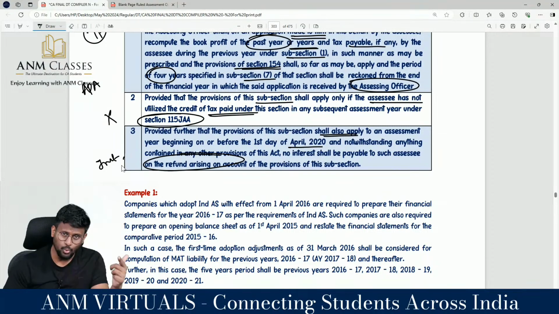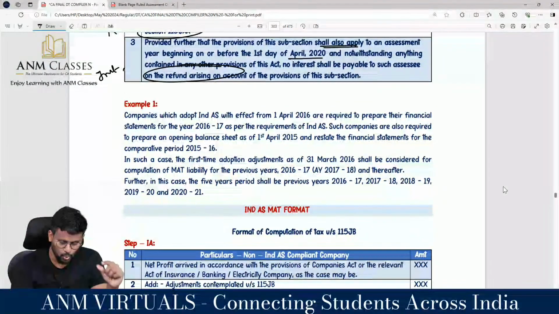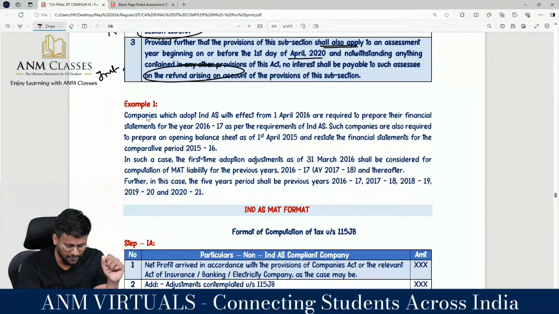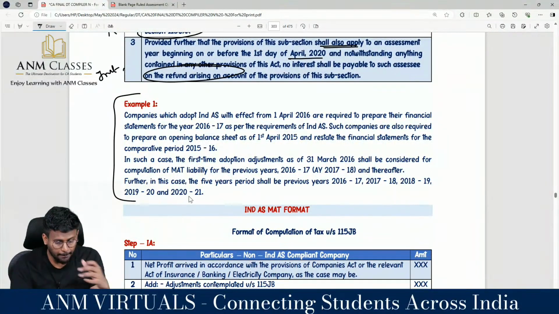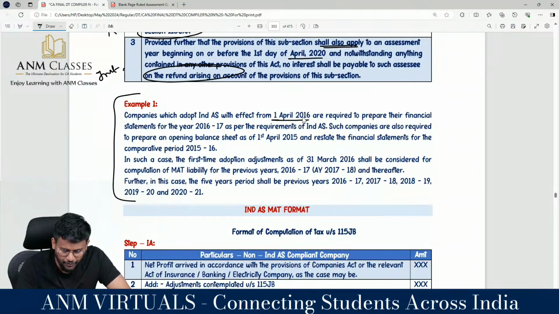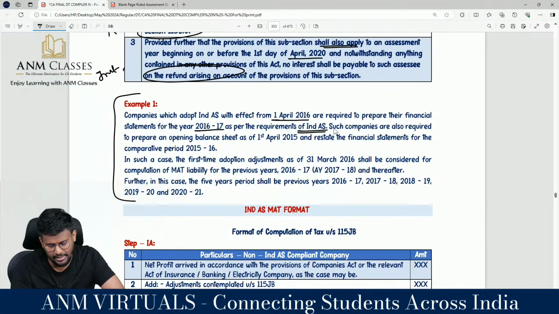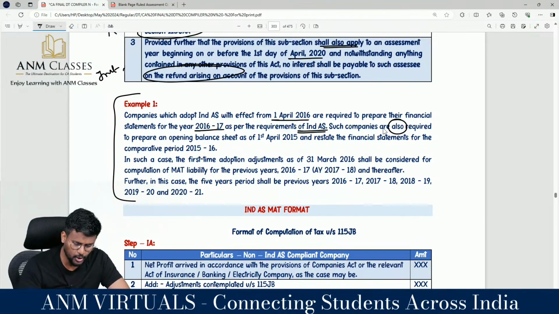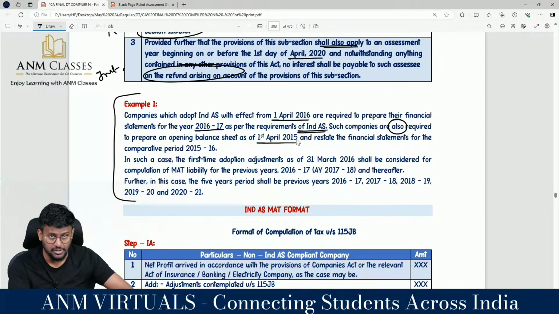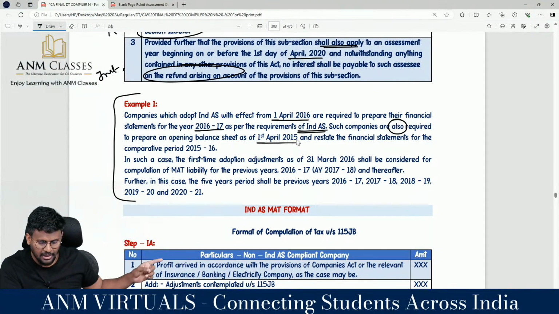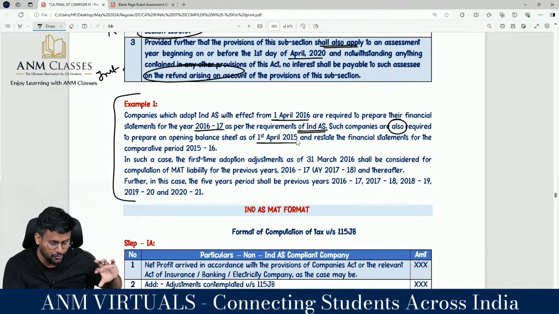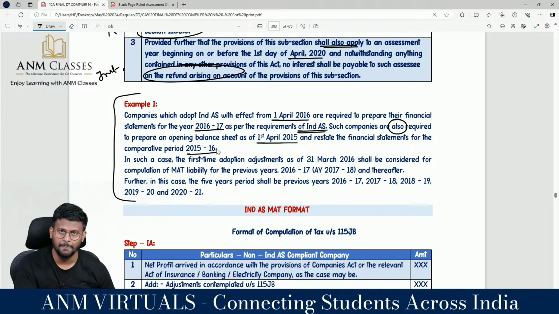Now we are entitled to do the sums. We have one example, we will read it. Companies which adopt Ind AS with effect from 1st April 2016 are required to prepare their financial statements for 16-17 as per the requirements of Ind AS. Such companies are also required to prepare an opening balance sheet as on 1st April 2015 and restate the financial statement for the comparative period 15-16.